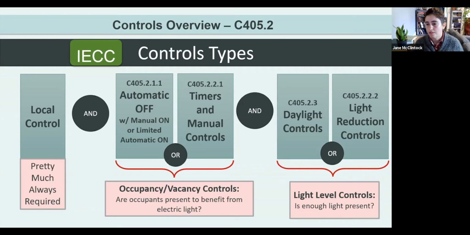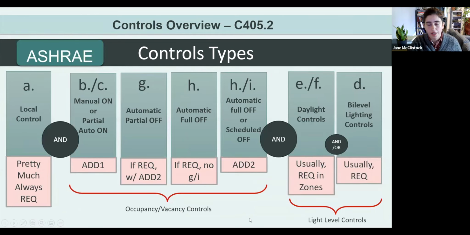We will need to have light reduction controls if these areas aren't already on an automatic off. So hopefully that spells out in some kind of clear way the organization of these controls and some of the logic in IECC.